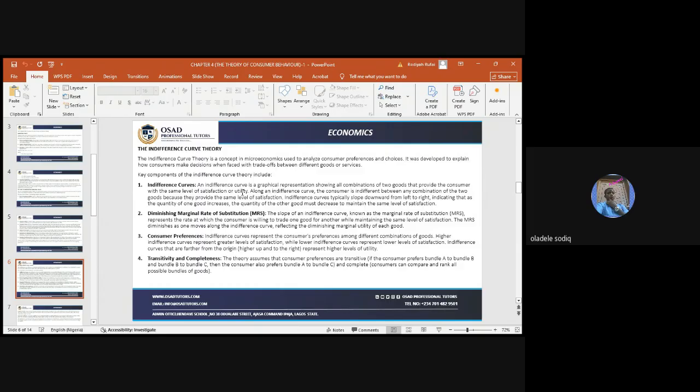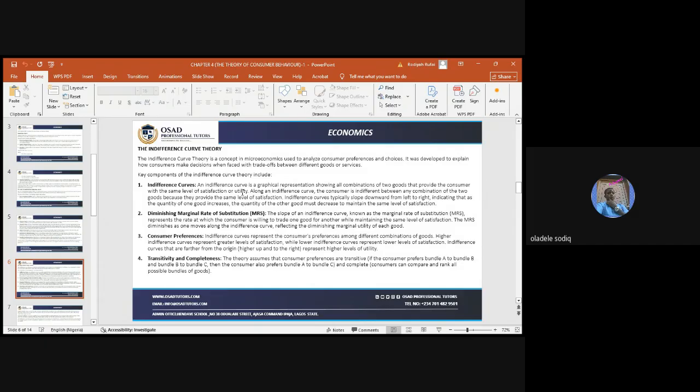Because one is giving you more satisfaction than the other. That's why you can't derive the same satisfaction. It's just like Coke and Big Cola. Though they have the same taste, people still prefer one to the other because of the satisfaction they derive from taking it.